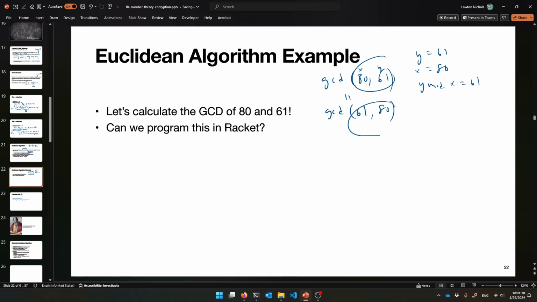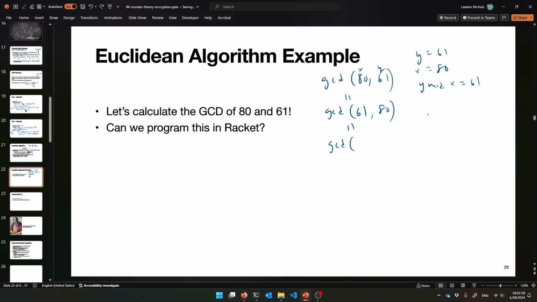Y mod x was 61. So you might think it's doing nothing because it just flipped the numbers, but now it actually is going to do something, okay? You need the first number to be smaller, and it'll switch them if they're not like that already. So this is a new x, and this is a new y. We have the GCD of y mod x this time, 80 mod 61.